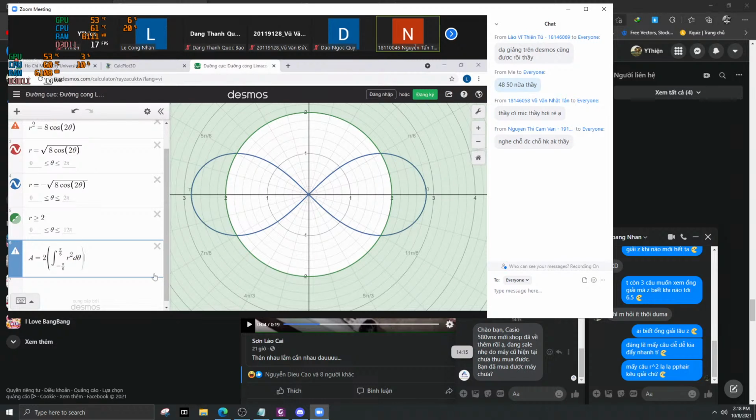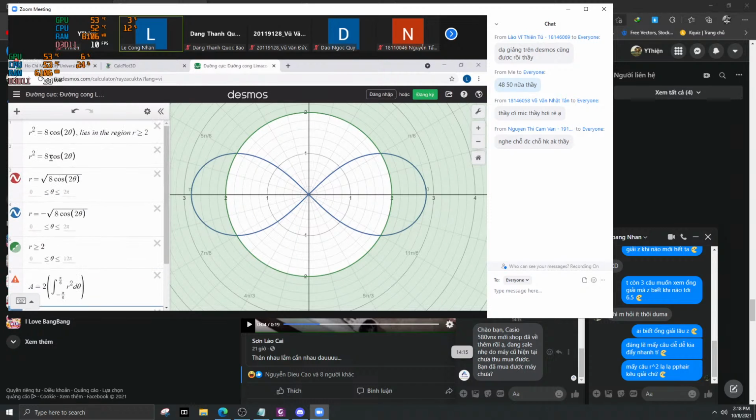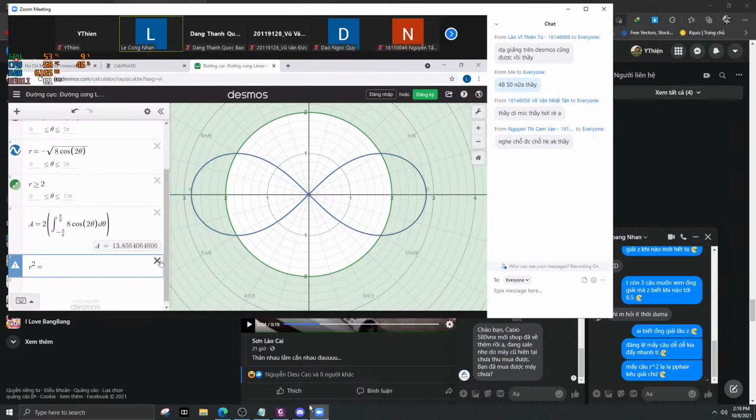What is the radius r? The r squared is given by 8 times cosine of 2 theta. Therefore we plug this into the formula, so we get the integral from minus pi over 6 to pi over 6 of 8 times cosine 2 theta. So we get the result.